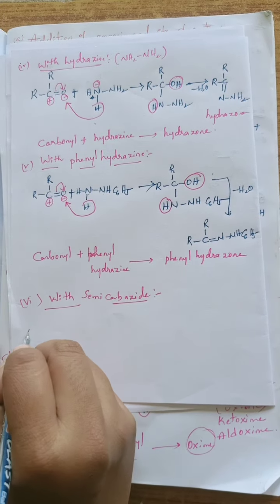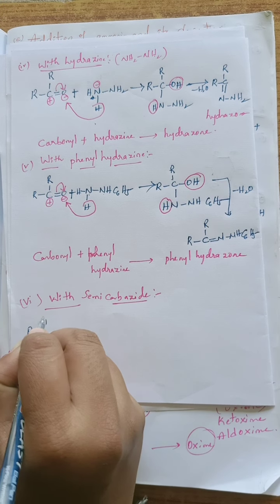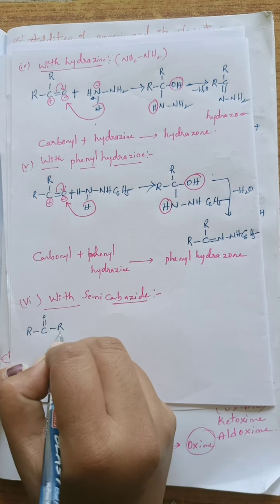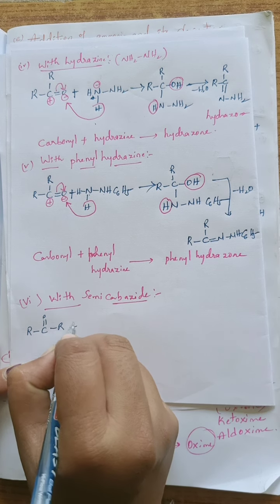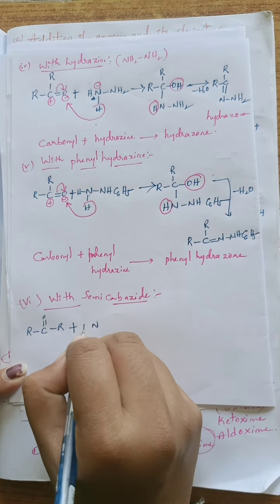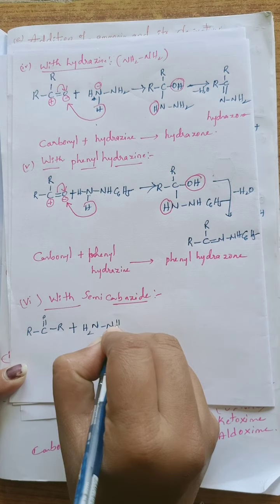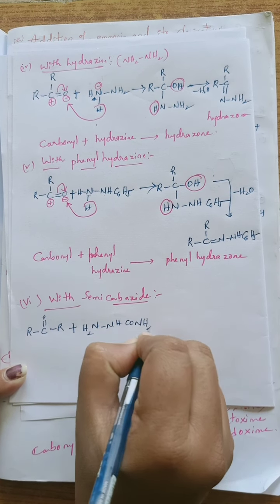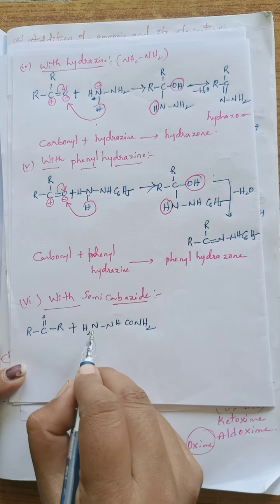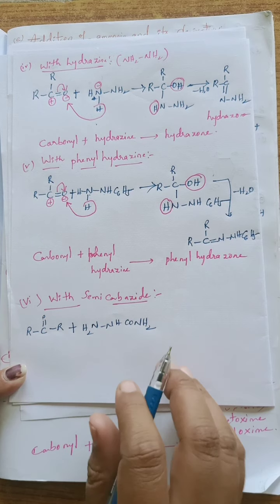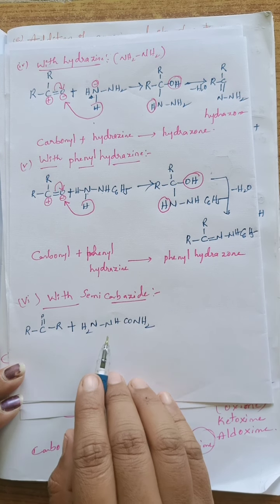See here, when a carbonyl compound reacts with NH2, NHCO, NH2. What happens on this ammonia? One of the hydrogens is replaced by NHCO, NH2. That is known as semicarbazide.